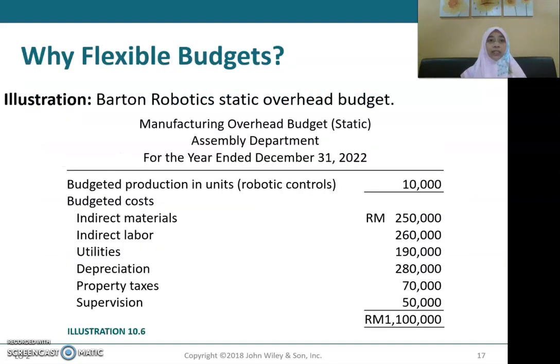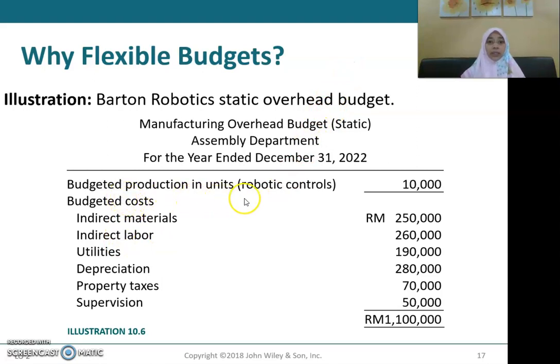Okay, let's look at an illustration of why we use the flexible budget. You have the Barton Robotics static overhead budget. Here we are looking at the overhead budget, and you are given this information.